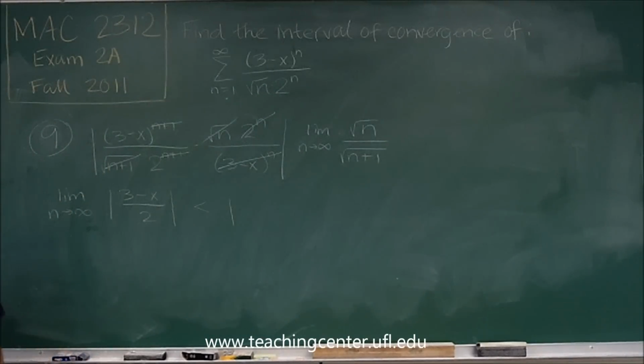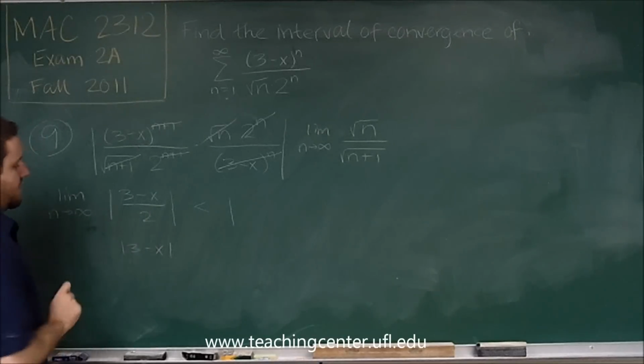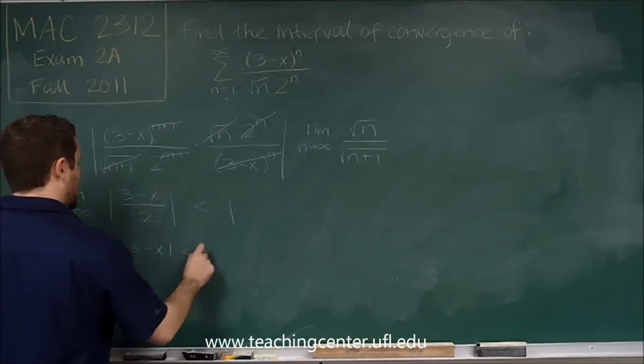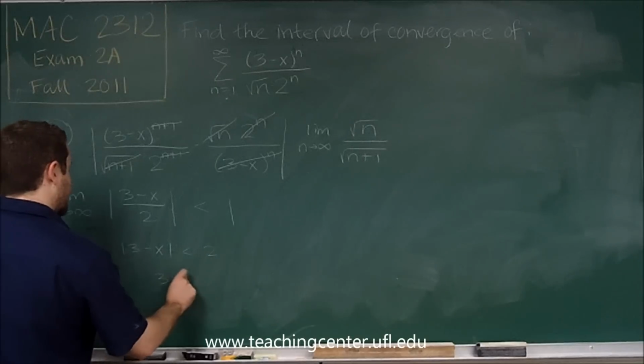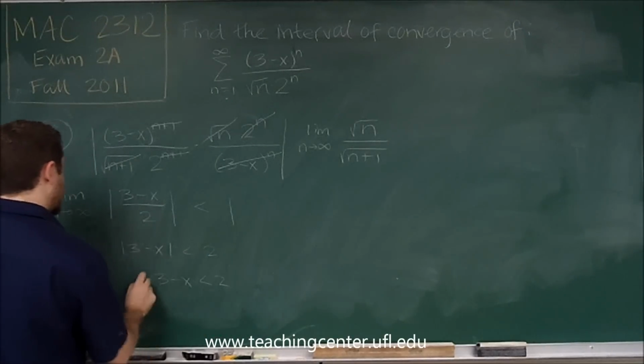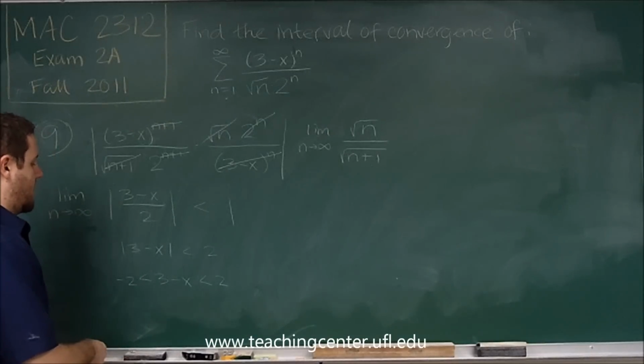So let's figure out what this is. If we multiply the 2 over, and we can do that because 2 is just a positive number, absolute value of 3 minus x has to be less than 2. In other words, 3 minus x has to be in between 2 and negative 2. So let's solve that for x.